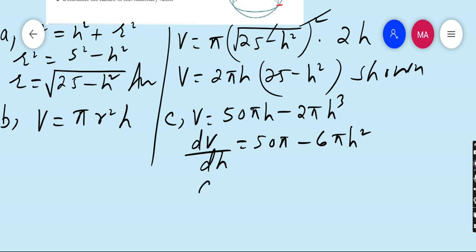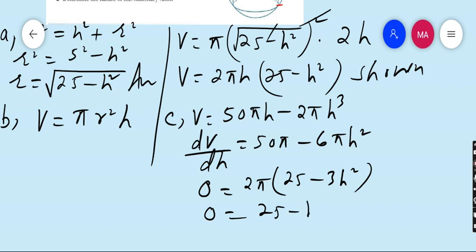Replace dV by dh by 0. Taking 2 pi common, it is 25 minus 3h square. 2 pi cannot be 0, so 25 minus 3h square is 0.